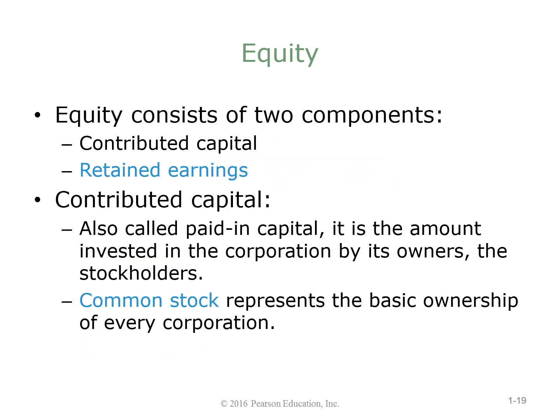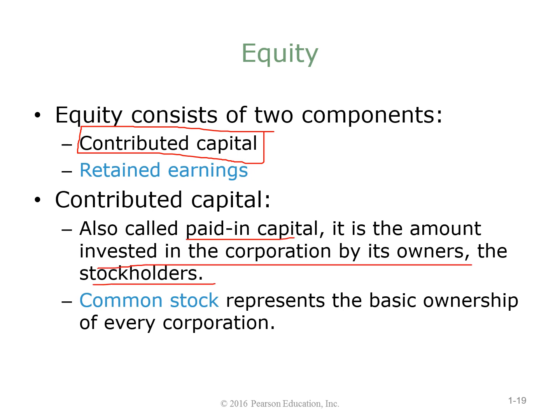The equity consists of two main components. One is the contributed capital, which is what we just said, and it is also called paid-in capital. It is the amount invested in the corporation by its owners, right? It can also be called common stock. In American accounting, it is called common stock, and it represents the basic ownership of every corporation.